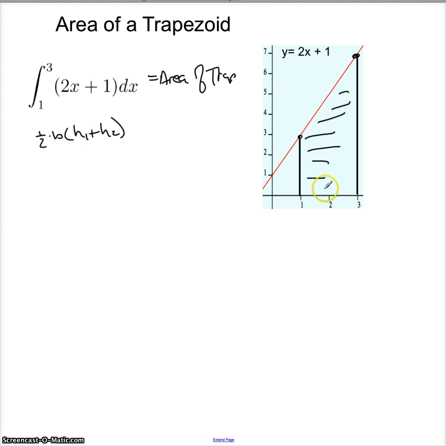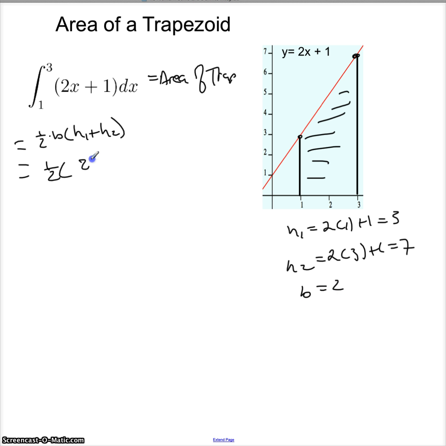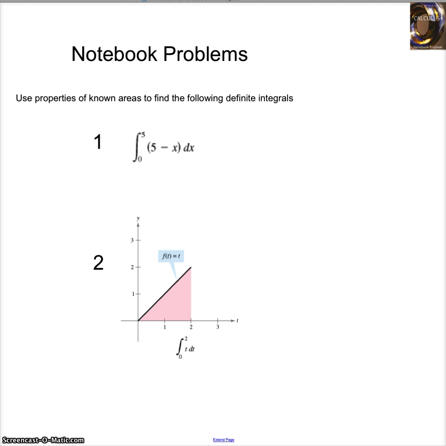Now for this one, you do have to find what h1 and h2 are. h1 is 2 times 1 plus 1, which is 3. h2 is 2 times 3 plus 1, which is 7. Pretty close to what I see there. So this area is 1/2, the base is 2, times 3 plus 7. So this is 10. Now, try these. When you're done, turn off the tape, finish your homework.